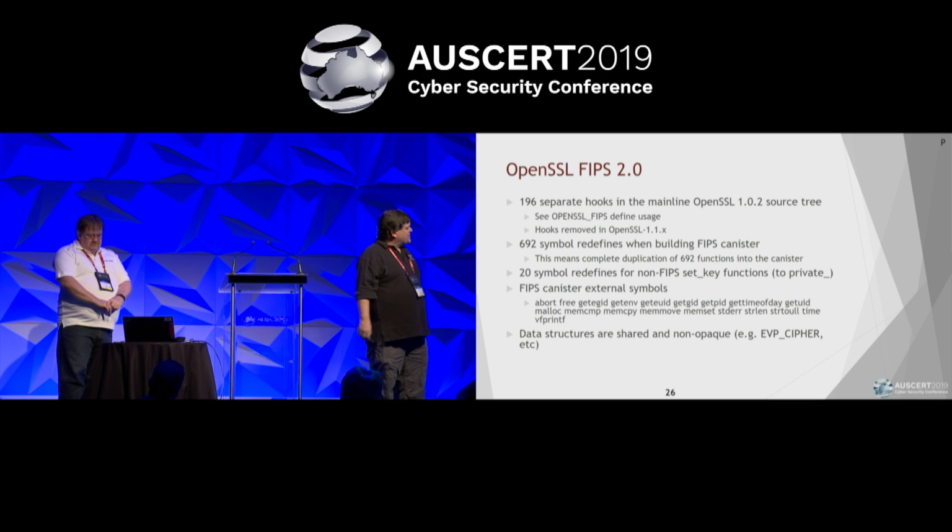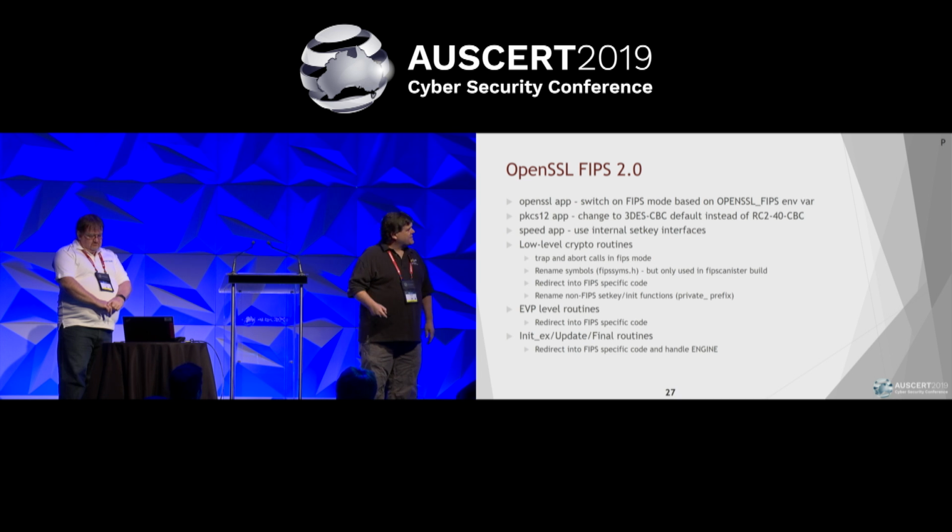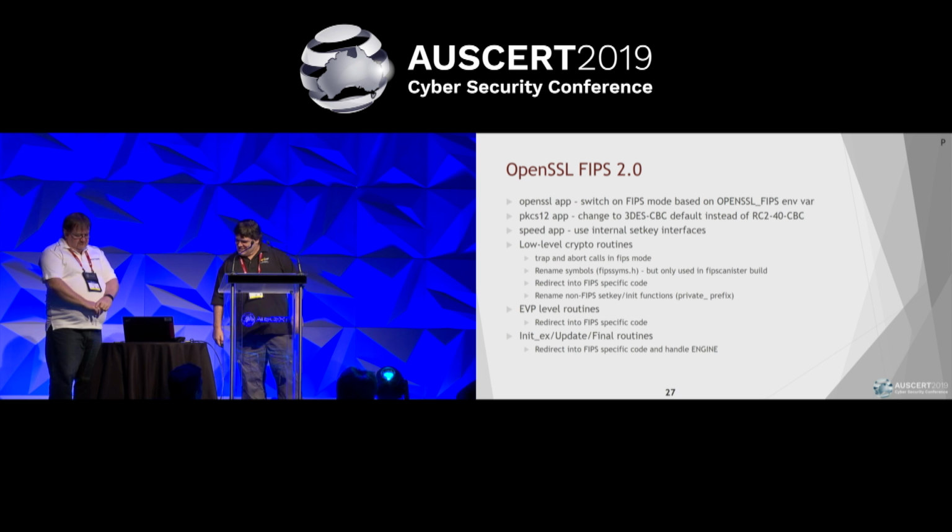Had to change function names anyway. And the whole FIPS canister had to be self-contained, so you ended up with lots of duplicate code where, oh, FIPS needs to do this, let's pull that into the canister, and so on. Basically, a horrible, hard to maintain mess. I think that sums it up.